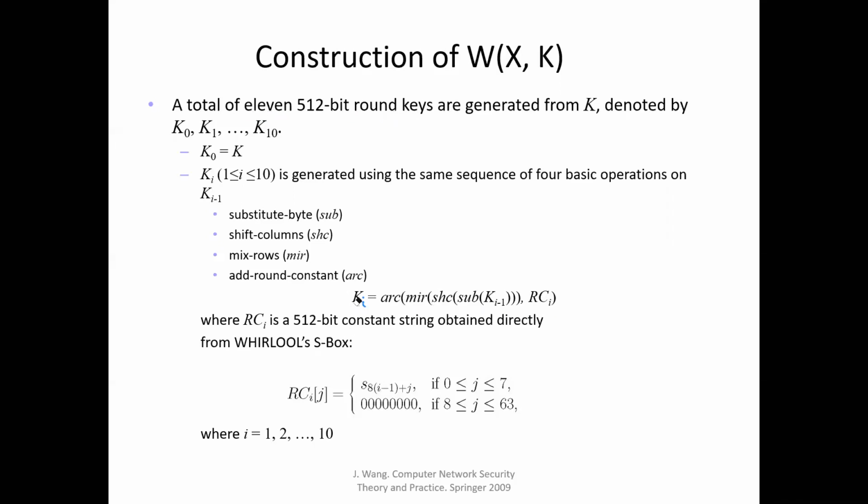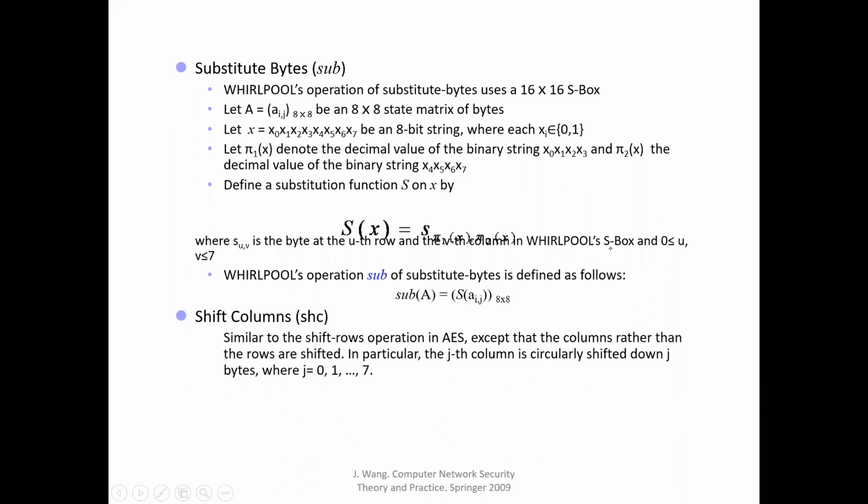So let me move on. The substitute bytes: you've got a 16 by 16 S-box, which you can find from your textbook. Then we write each 512-bit block into an 8x8 state matrix of bytes.